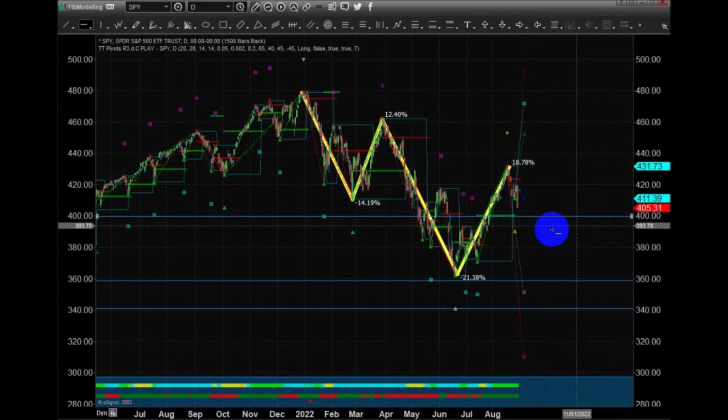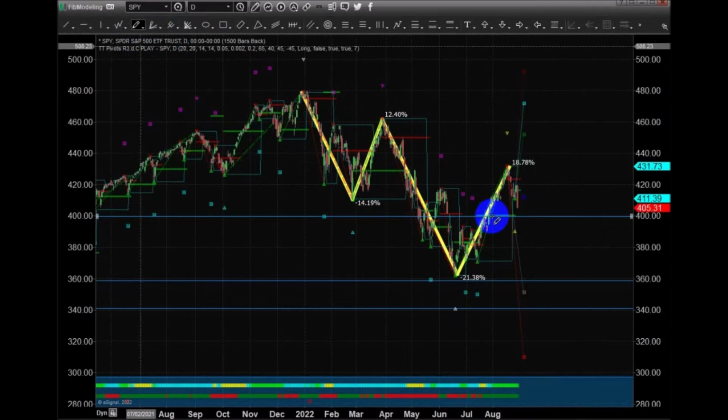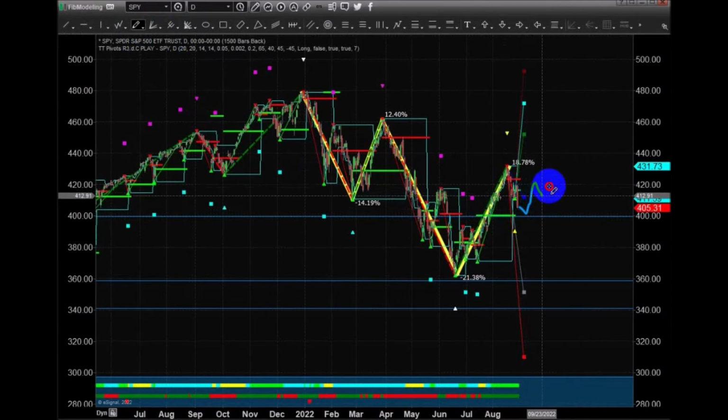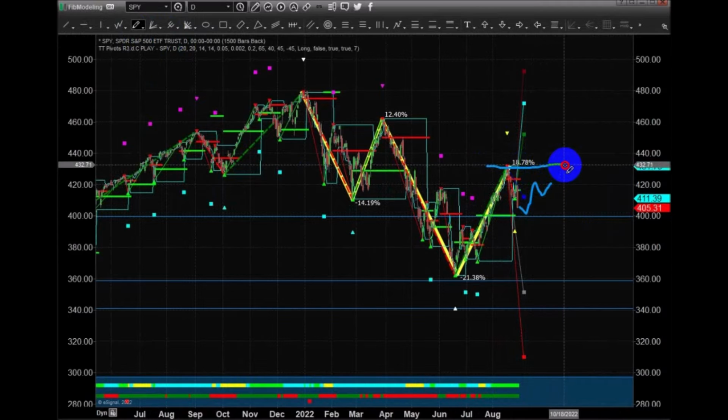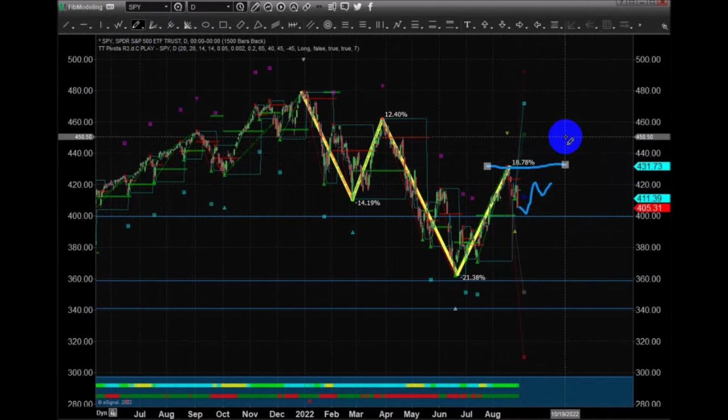We could see the markets attempt to hold and bounce a little bit off of this level, setting up a slight correction, possibly even trying to get above this level and move a bit higher before we see a big breakdown here.